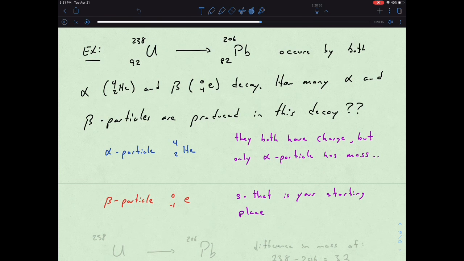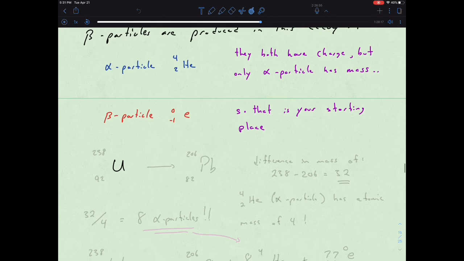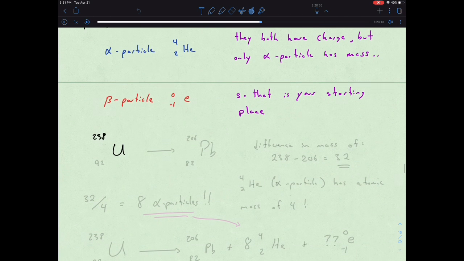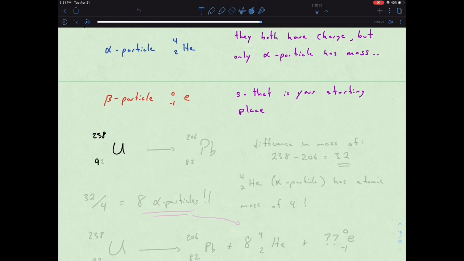Now if we look at uranium-238 going to lead-206, we see a difference in mass of basically 32.